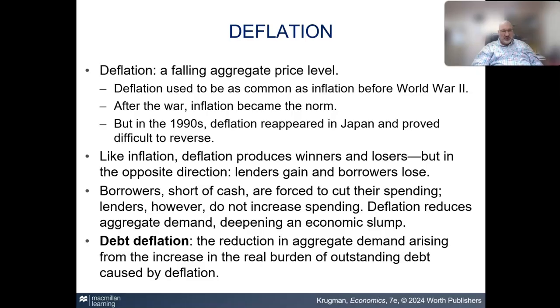Then you've got debt deflation, which is the reduction in aggregate demand arising from an increase in the real burden of outstanding debt caused by deflation.